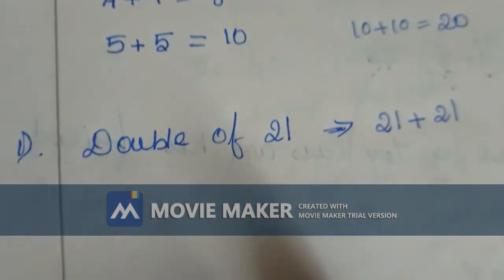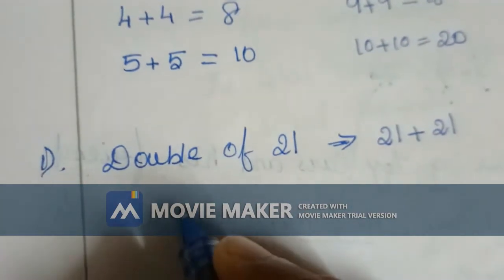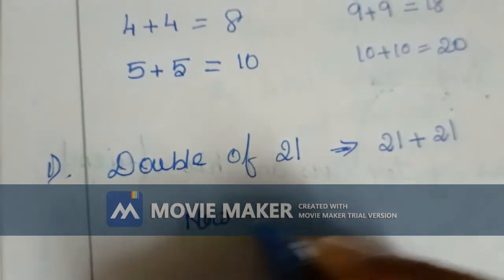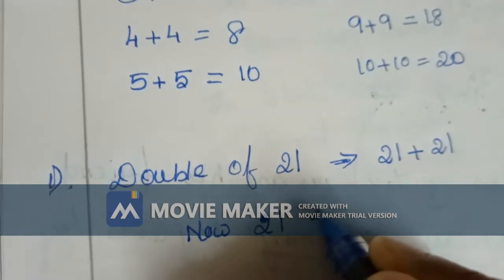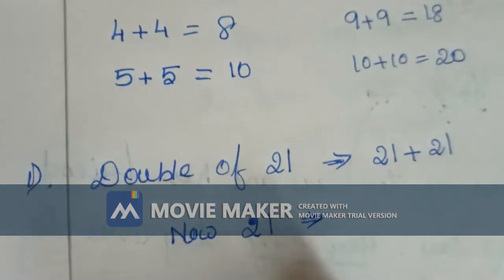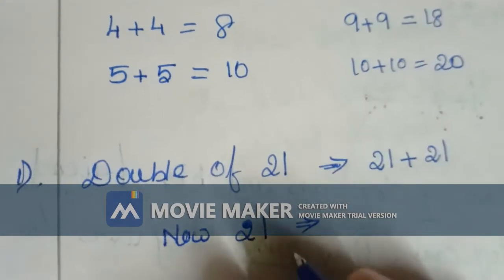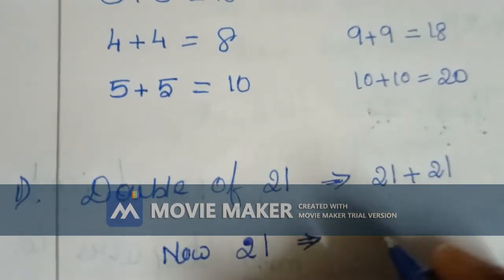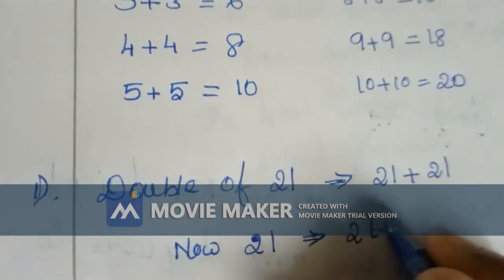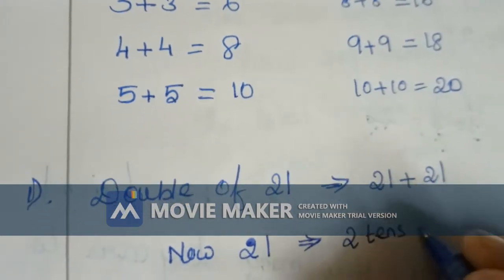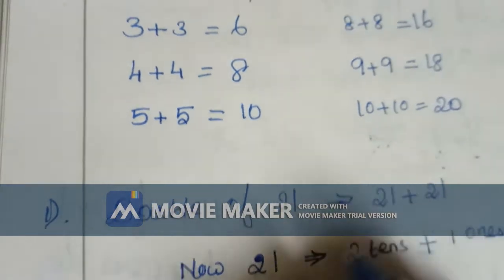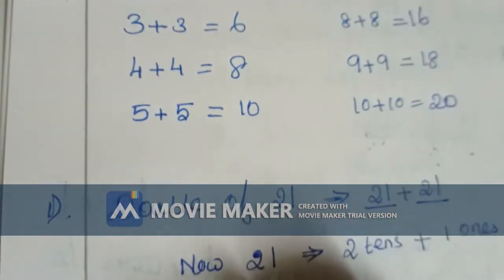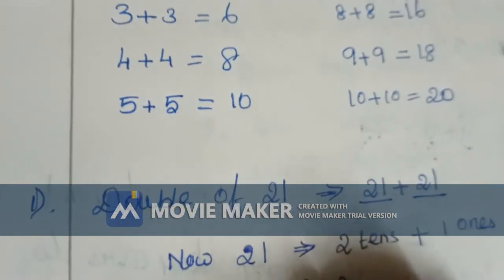So now we have to find how many ones and how many tens are there in the number 21. So in the 21, how many tens? Yes, 2 tens and 1 ones.